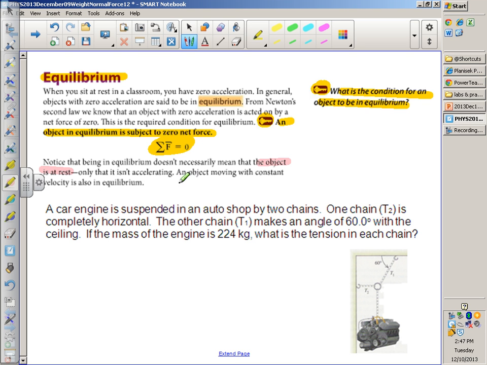Not accelerating, or if it's moving, but moving how? An object moving with constant velocity is also in equilibrium. So equilibrium can either look like an object at rest, or an object moving with a constant velocity. Both of those are equilibrium. If we drew the free body diagram and looked at the forces, an object at rest and an object moving with constant velocity would look the same.